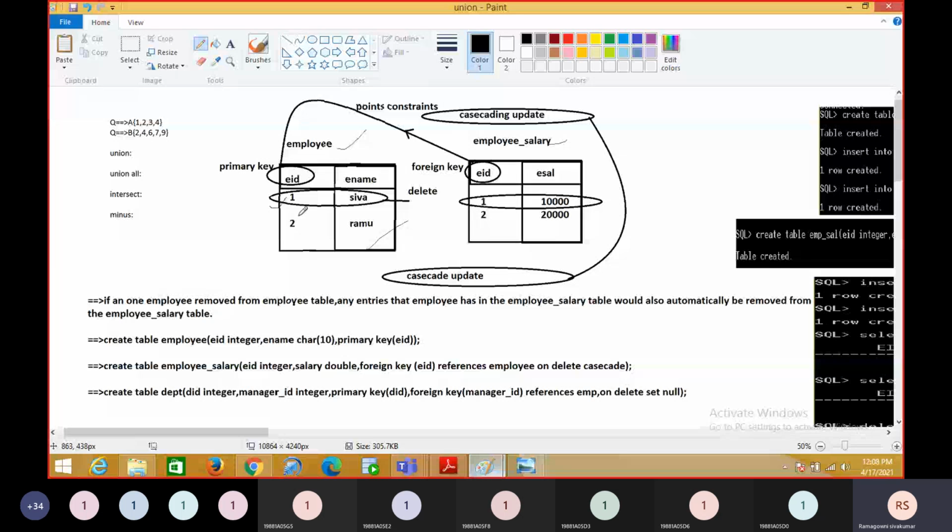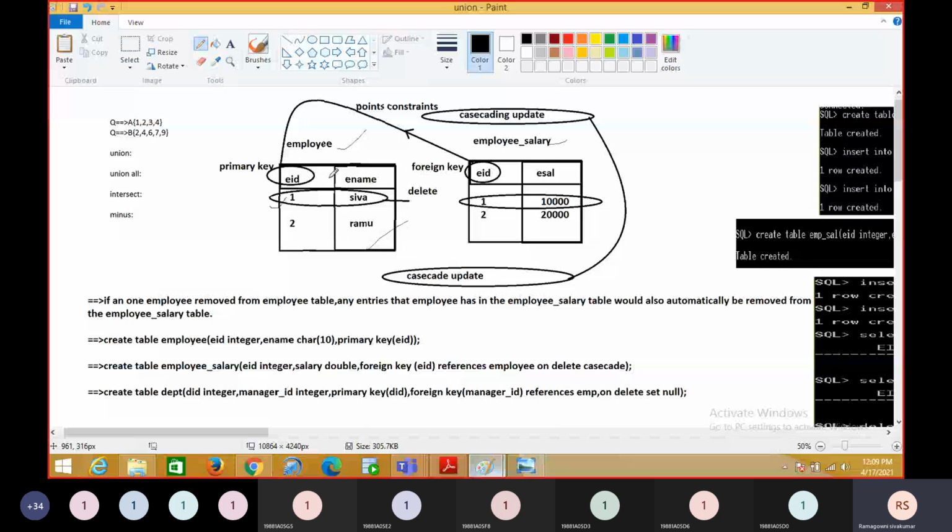Here EID is the primary key, and in the other table, employee salary, EID is a foreign key that points to the EID of employee, the primary key. Now how can I perform the delete operation? If I delete this row, the related data in other tables should also be deleted.